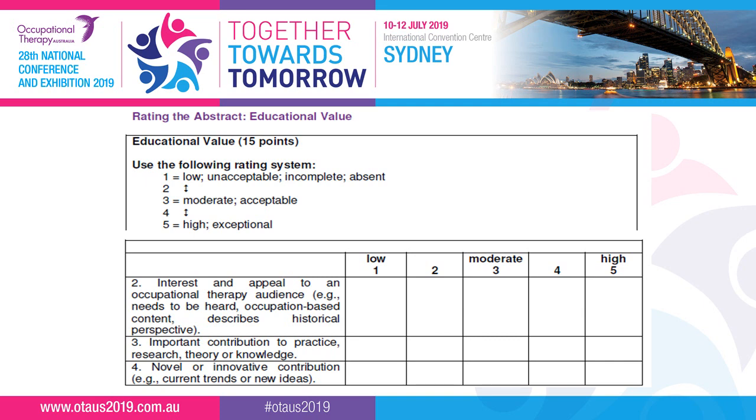And then finally, novel or innovative contribution. So we want this conference to be cutting edge. We want it to be talking to the future. We want to be talking together towards tomorrow. And of course, a novel or innovative contribution that explores new areas or that looks at new evidence for existing processes or interventions are always really helpful to really support people's increased knowledge and supporting best practice.